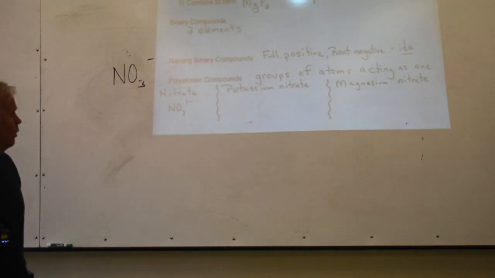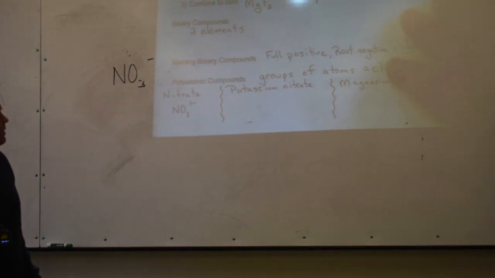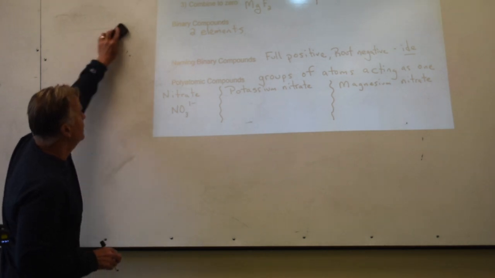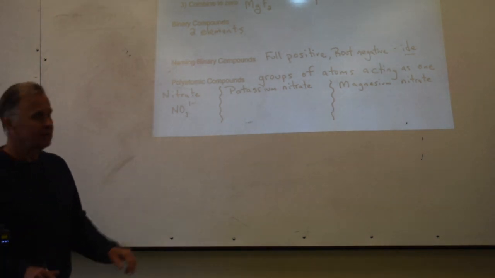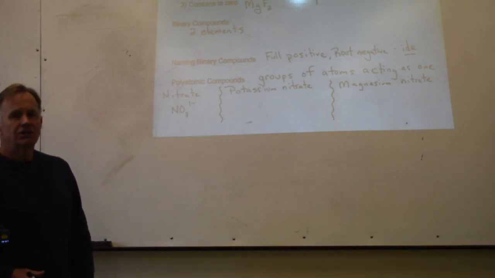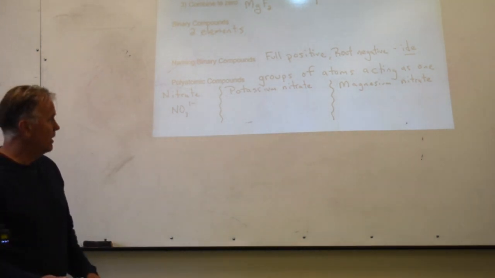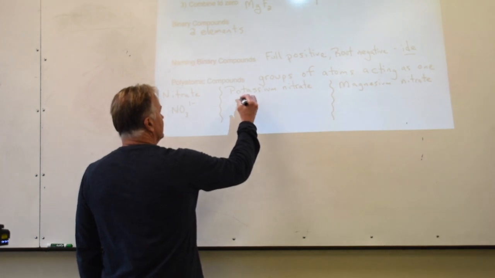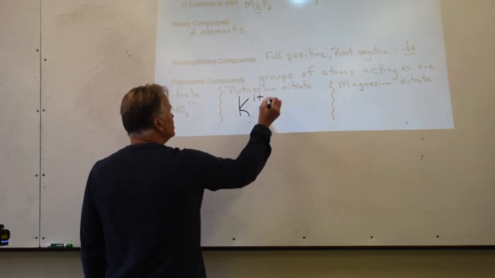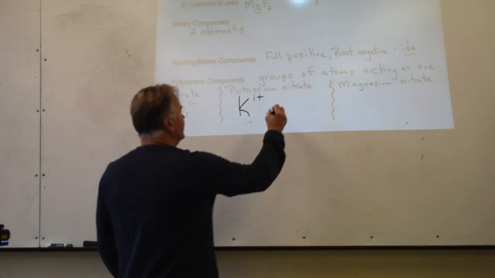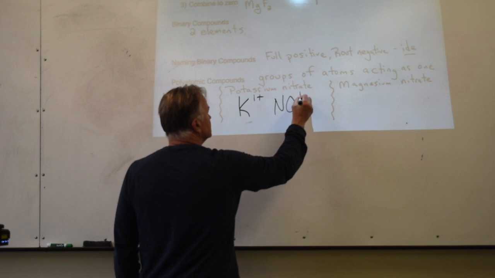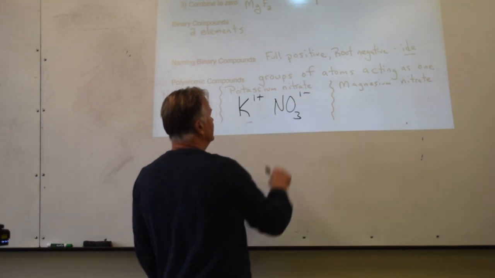But it does throw a wrinkle into how you put things together at times. Let's look at how you would do that with a couple examples. Here's nitrate, NO3 1-. For example, say you had potassium nitrate. You look up potassium: K with a 1+. Nitrate is nitrogen with 3 oxygens with a 1-.